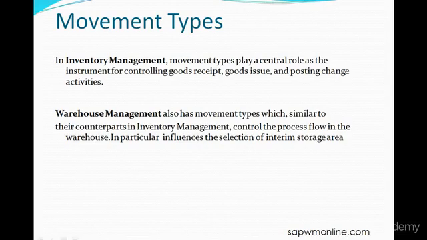In particular, it influences the selection of interim storage area. So each movement type in inventory management will have a movement type corresponding in the warehouse. So we have to customize the warehouse movement types to match and influence the process that we are going to do in the warehouse, which we will be doing in customizing.